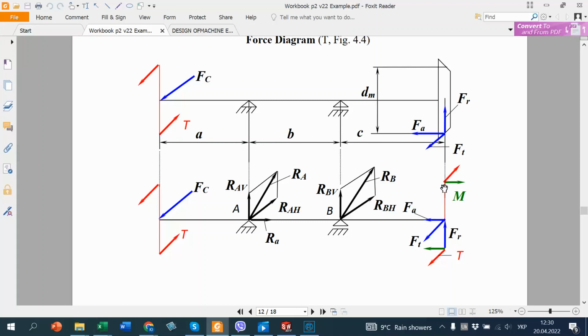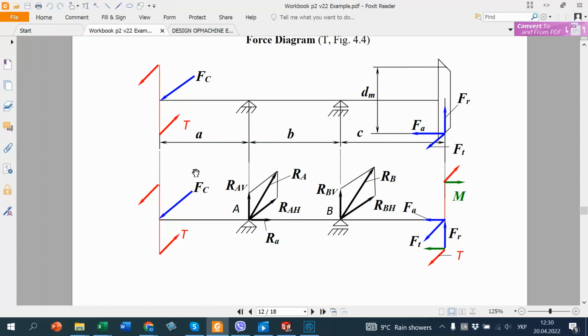And in the horizontal plane, we have tangential force and F coupling. So it looks like here.